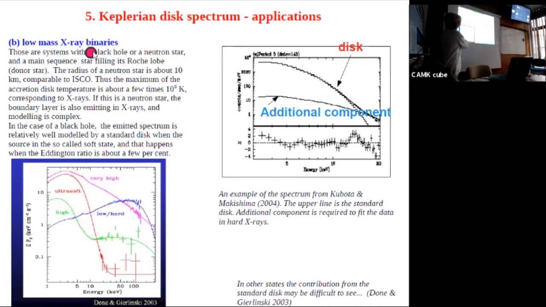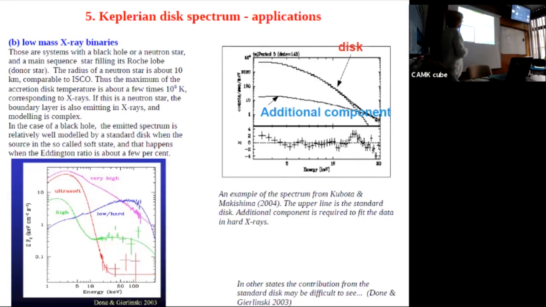So in the case of low mass X-ray binary, I remind you, we have a neutron star or a black hole and the main sequence star filling its Roche lobe. In the case of neutron star, no, it's not working because I told you there is this difficult boundary layer which gives 50% of the luminosity, and then modeling is very difficult.